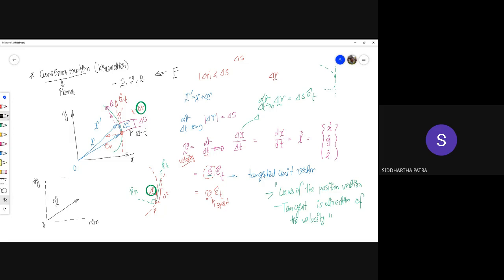If I now take the velocity vectors at each and every location, let's say P, P prime, Q, etc., and plot them in the Vx Vy plane, then I'll have a curve called a hodograph.